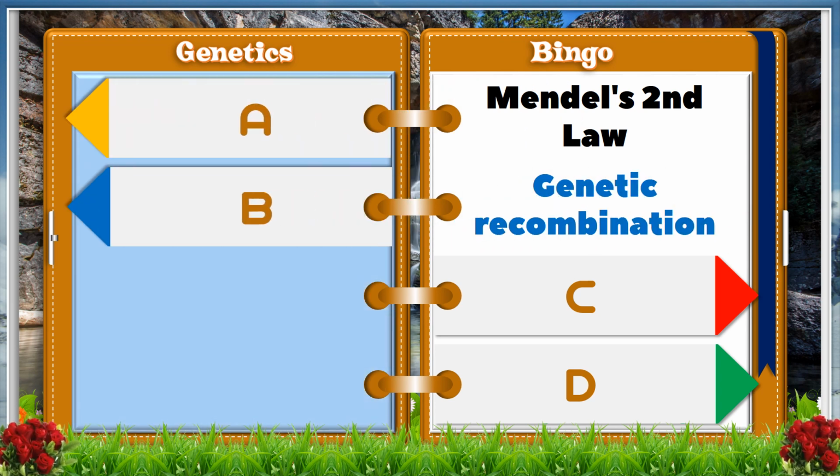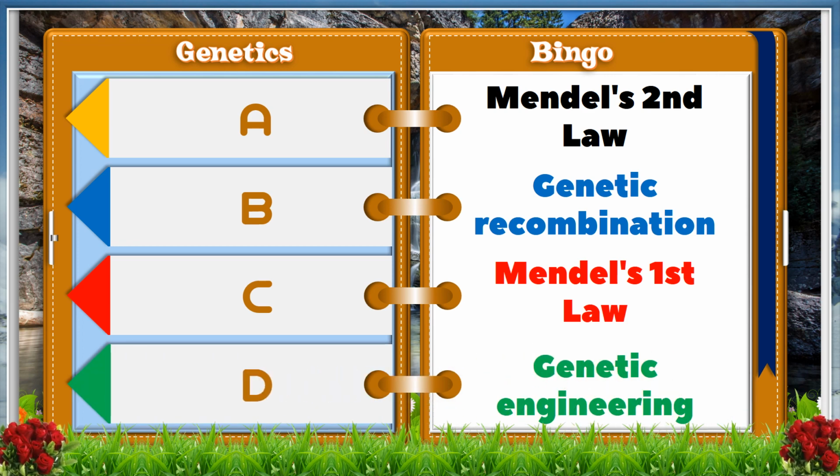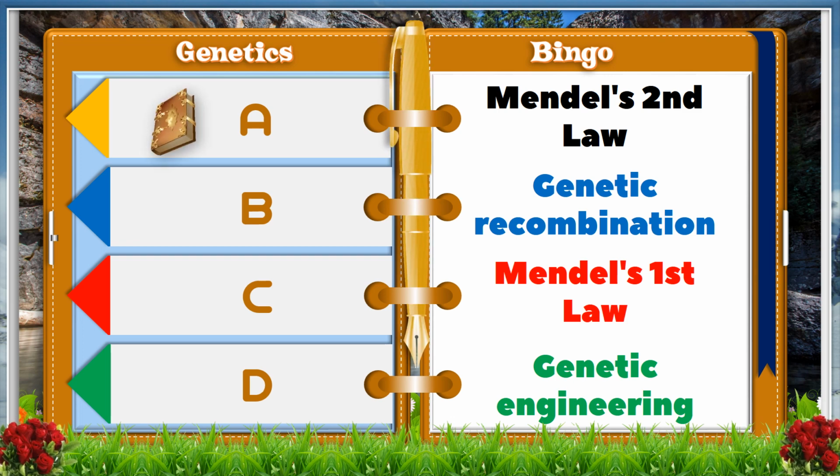B. Genetic recombination. C. Mendel's first law. D. Genetic engineering. And the answer is A. Mendel's second law.